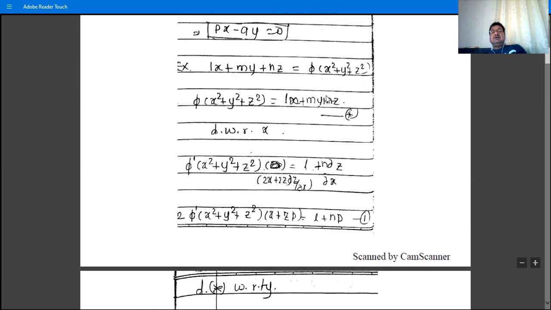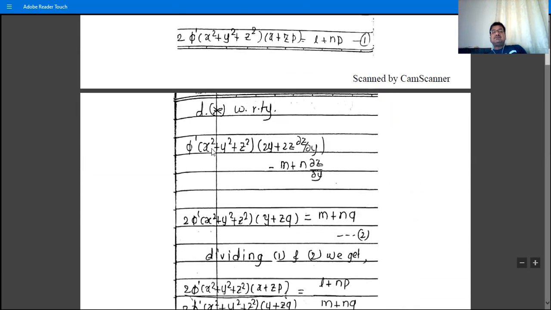Then differentiate this equation with respect to y. So phi dash (x² + y² + z²) times the derivative of the bracket with respect to y. The derivative of x² is 0, the derivative of y² is 2y, and the derivative of z² is 2z ∂z/∂y.